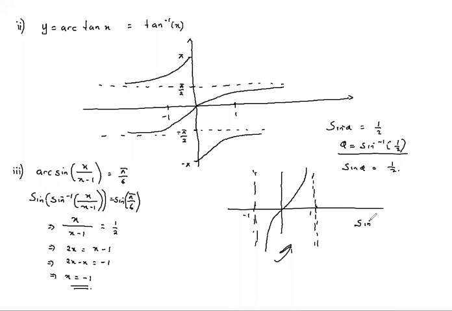If I'm told sine x is half, then it's the same as saying x is sine inverse half. On the calculators, you even say second function, then sine inverse half for you to get the value of x.